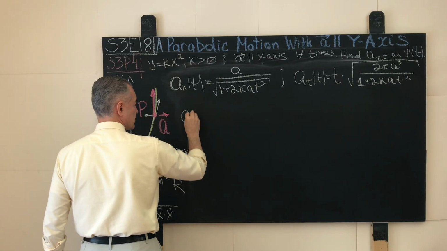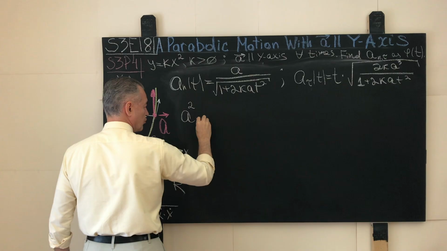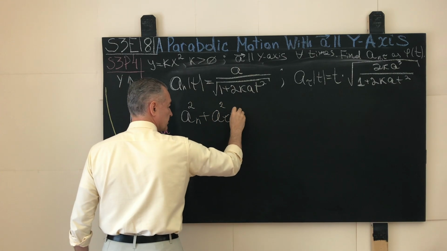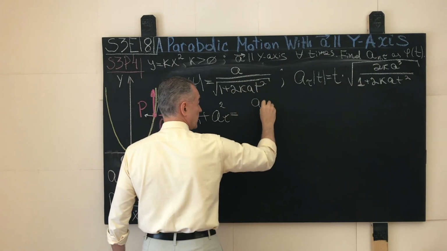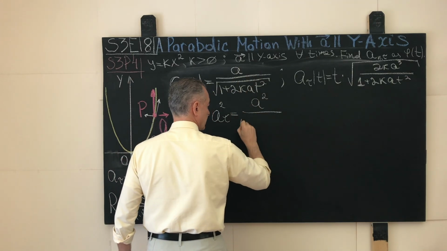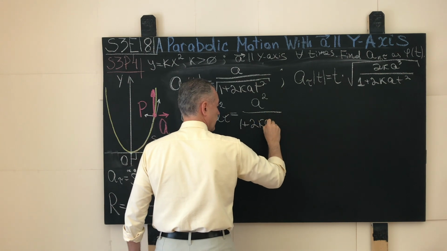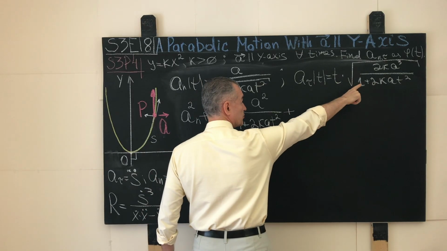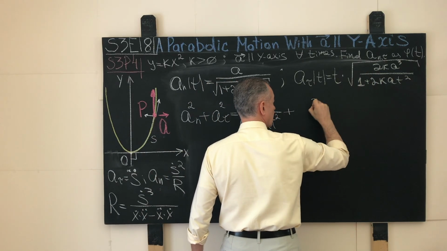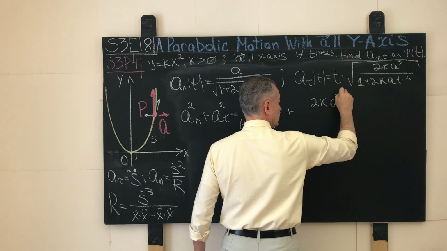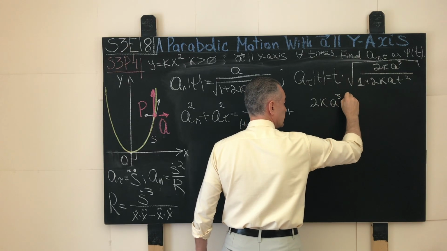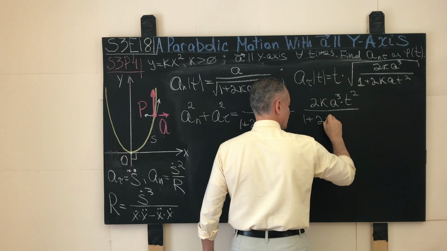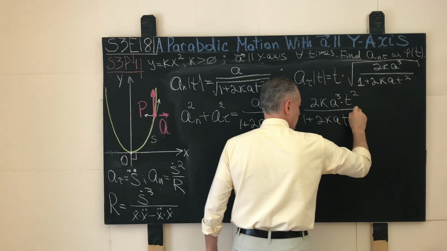We write down the expression for the square of the normal acceleration and the square of the tangential acceleration. So what do we have? We will have a squared in the numerator and 1 plus 2kat squared in the denominator, plus 2k a cubed times t squared over 1 plus 2kat squared.